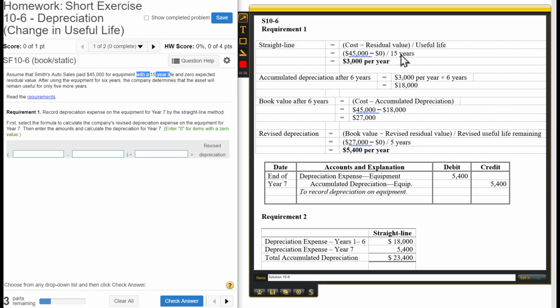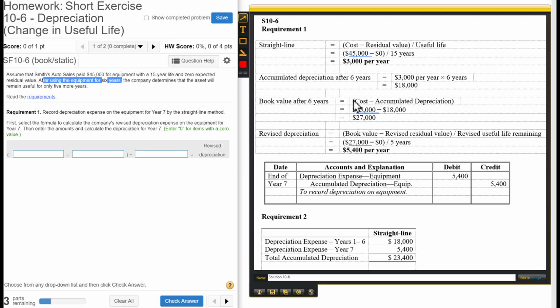So 45,000 divided by 15 years gives us $3,000 of depreciation per year, but that's just for the first 6 years. So let's figure out how much depreciation we have after 6 years. Well, that's simple. Take $3,000 depreciation per year times 6 years gives us accumulated depreciation of $18,000 after 6 years.